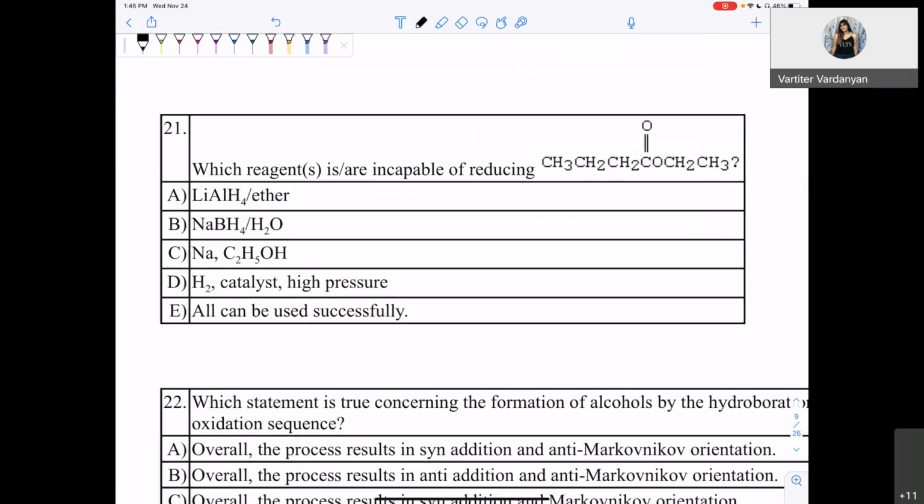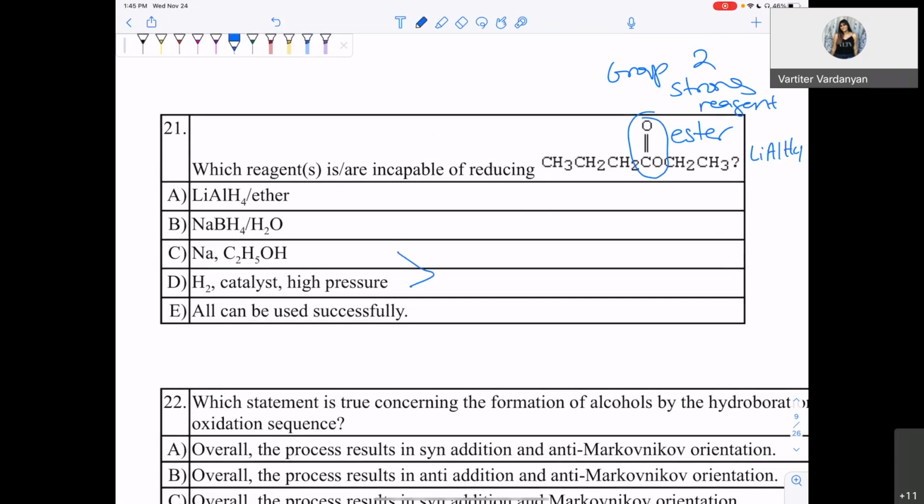Okay, we're talking about reduction. So the first thing you need to take note of is this is an ester. So esters are part of group 2, so they need a strong reagent. And our only strong reagent is LiAlH4.